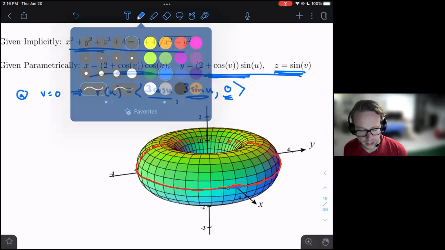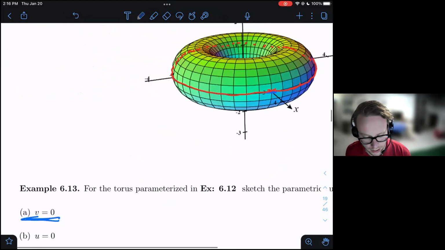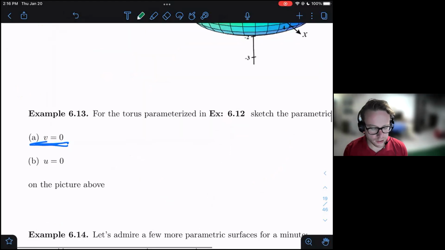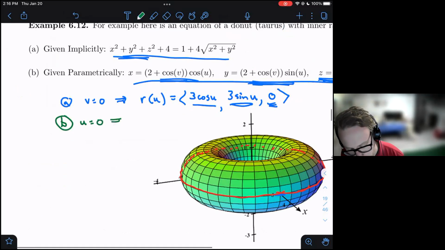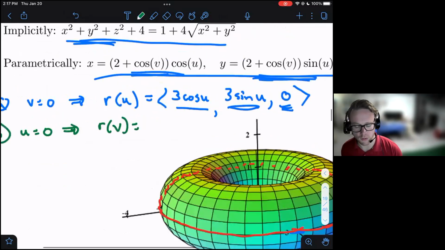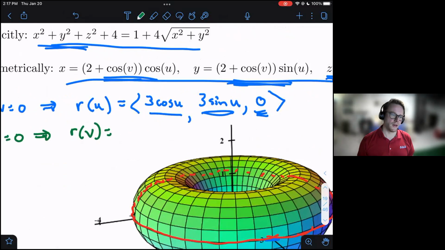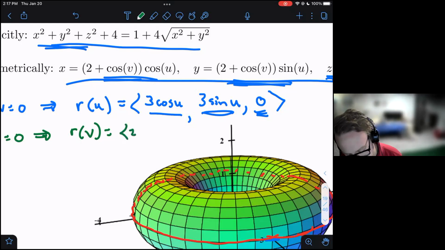Now, the other one that I'd like to sketch, maybe in green, is u equals 0. So if I do u equals 0, then we're going to have an equation with just v's left over. So this is going to be some curve parameterized by v. If I plug in u equals 0, we get 2 plus cosine of v.